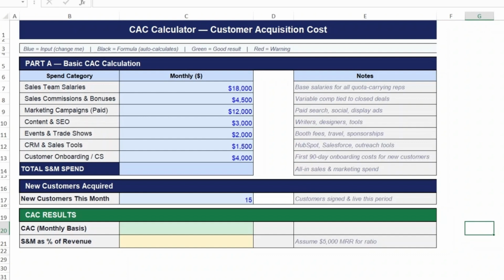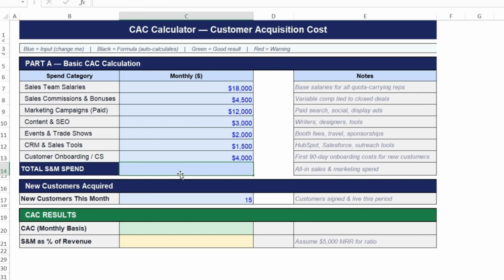Let's look at this Excel example of CAC and how we calculate it. Here we have different spend categories in CAC: salaries, commissions, marketing campaigns, SEO, events and trade shows, CRM and sales tools, customer onboarding, and customer success cost.